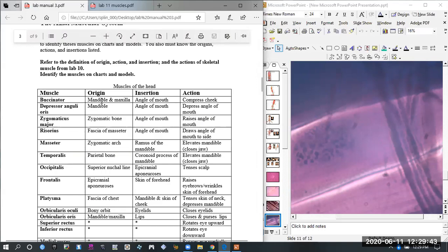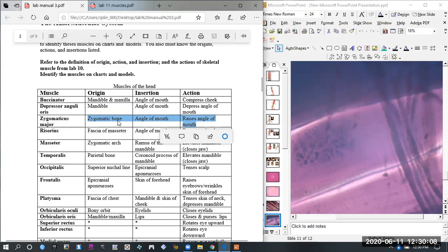And then secondarily, this is a good idea to make flashcards for origin, insertion, and action information, just to learn this here as well. And this would be a follow-up question for the exam. The first priority is you'll see a muscle labeled, and you want to name that muscle. And then a follow-up question could be one of these 3 points.